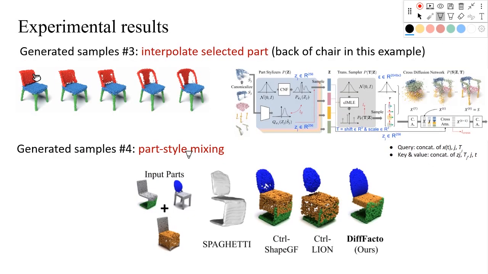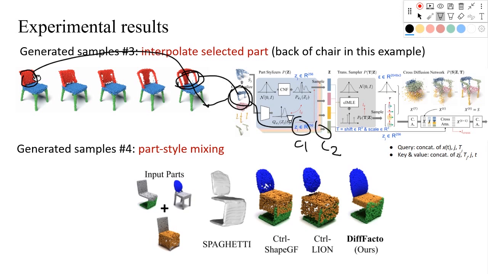And then another approach that we can use to generate is interpolation. Let's say we want to interpolate only the back of the chair. We compute the corresponding latent variable for chair 1, and we compute the same for chair 2, and these correspond because we already aligned them by using KL divergence.